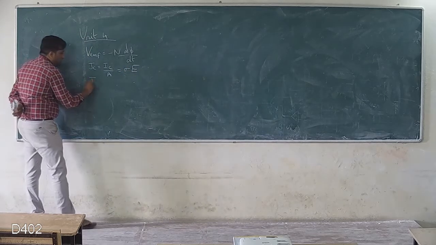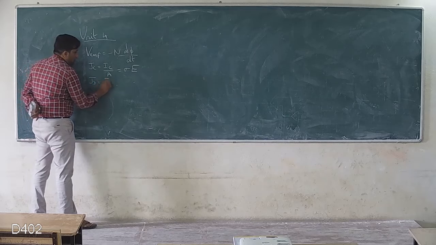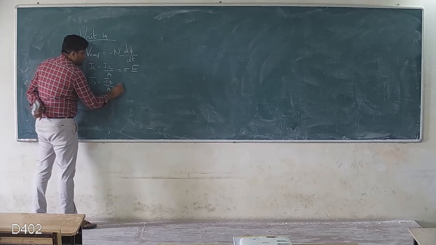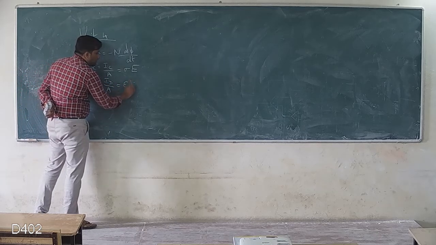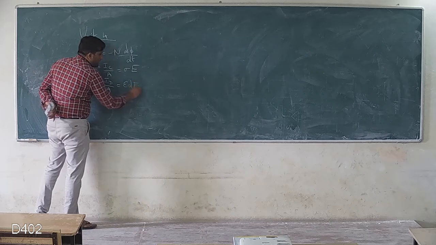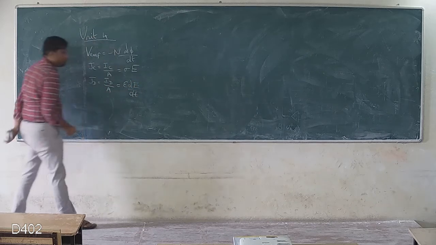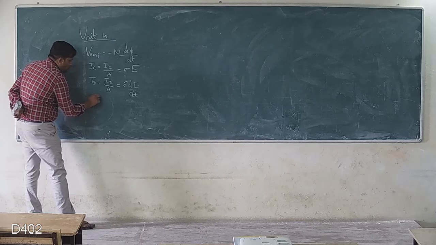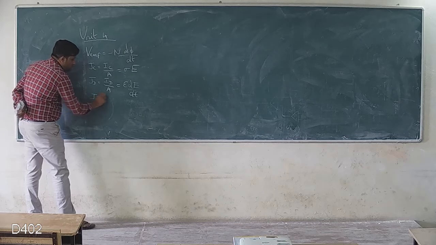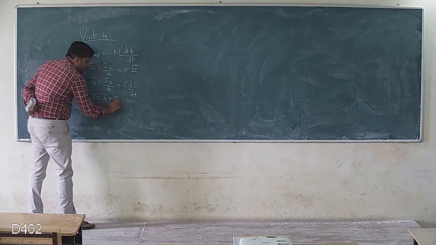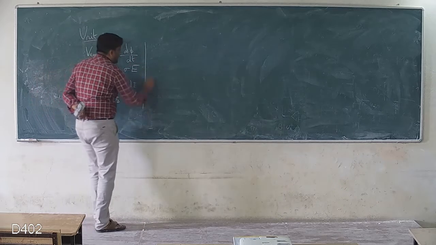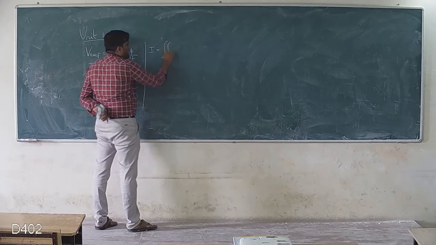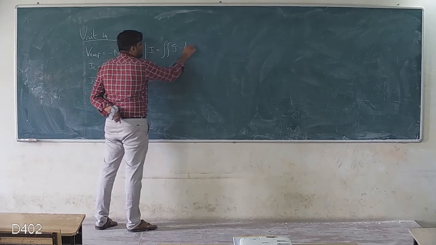Next, displacement current density JD is equal to ID divided by A, which is nothing but epsilon dE by dt. This is the third formula. And if I want to put a total current density, it is JC plus JD. Next thing is I is equal to double integral J dot ds.